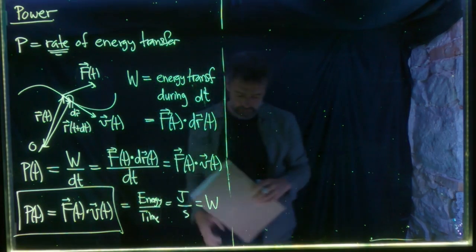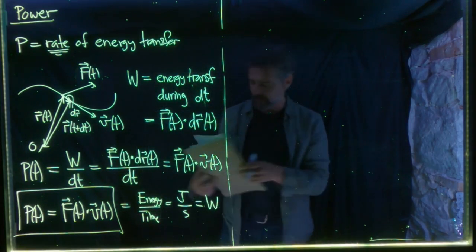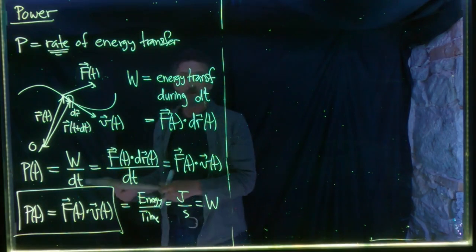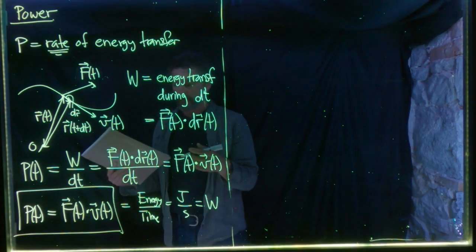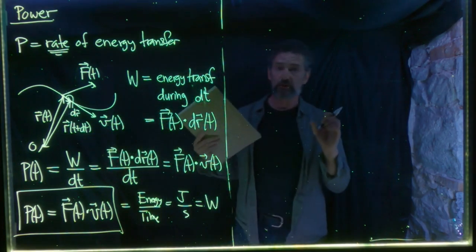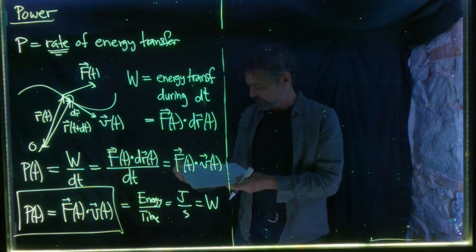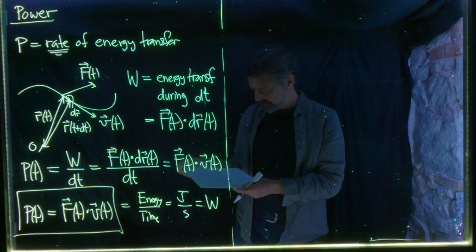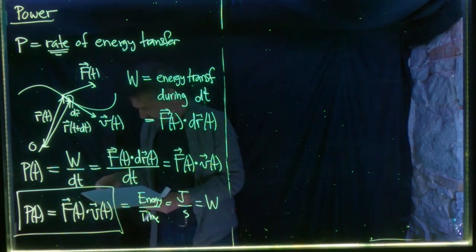Okay, 100 watts is 100 joules per second. More powerful light bulb means it's a higher rate at which it's transferring electrical energy or electromagnetic energy into other forms of energy. Light. Okay, very good. So I think that's the main point there.